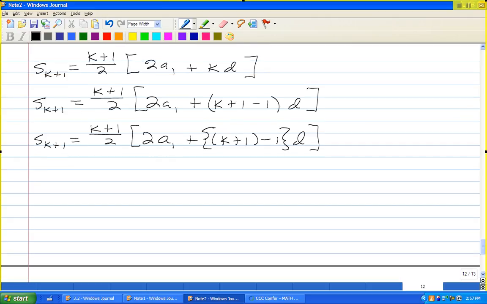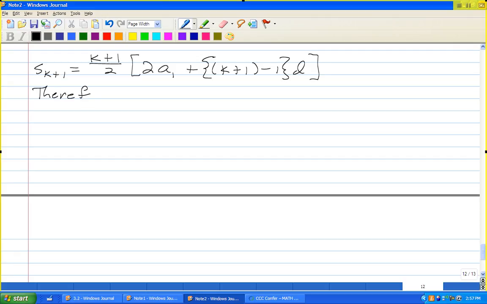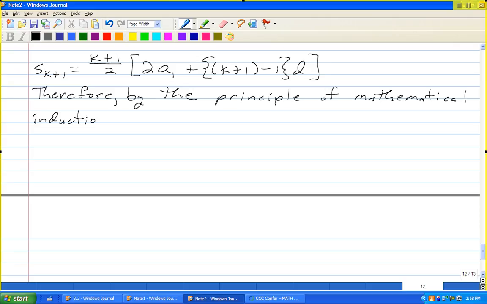Therefore, by the principle of mathematical induction, this formula works for all natural numbers n. And so I'm done.